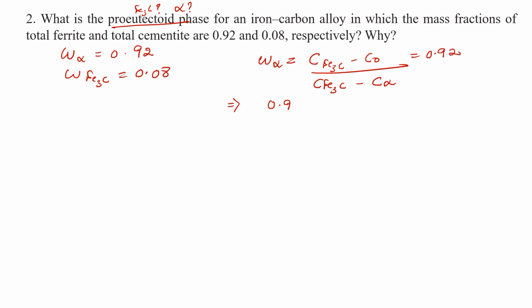Upon solving, I can plug in the values. So this is 6.70 minus C naught, which is unknown, divided by 6.70 minus C alpha, which is 0.022, that is 0.92. And upon solving, this gives me 6.70 minus 0.022.